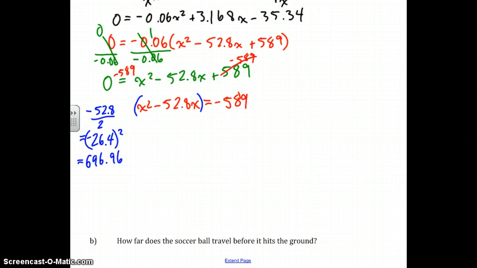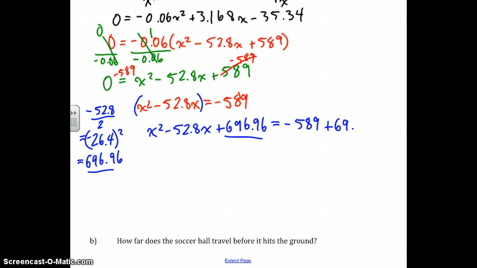Now we want to add this to both sides. So we have x squared, take away 52.8x plus 696.96 equals negative 589. Since we added this on this side, we need to add it again, 696.96.